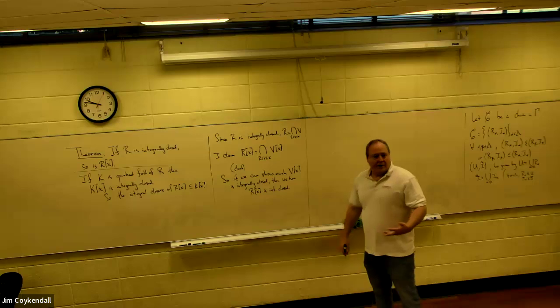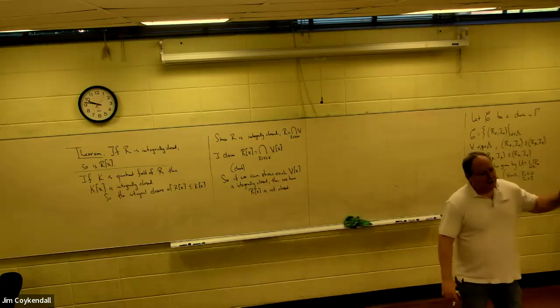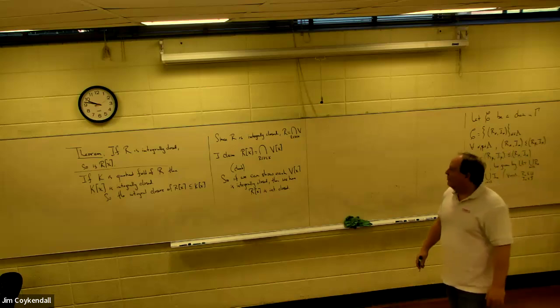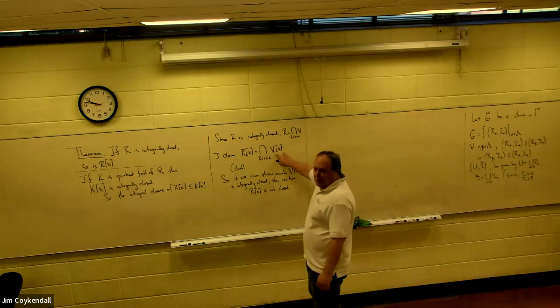And this is because we have the theorem that says if you intersect any family of integrally closed domains, you get an integrally closed domain. So if it's true that each of these is integrally closed, then the intersection has to be integrally closed, right?